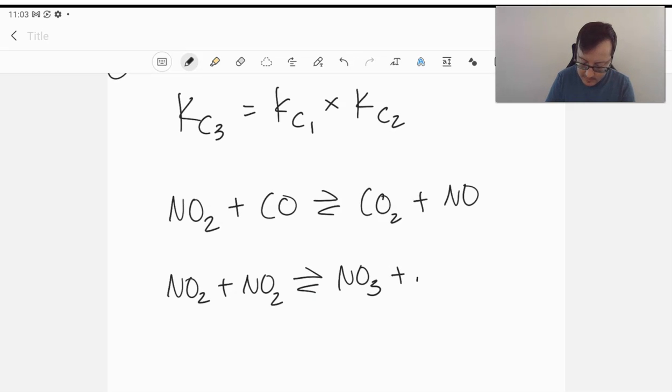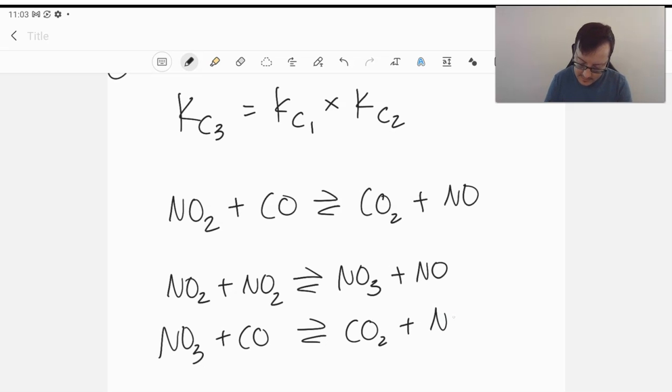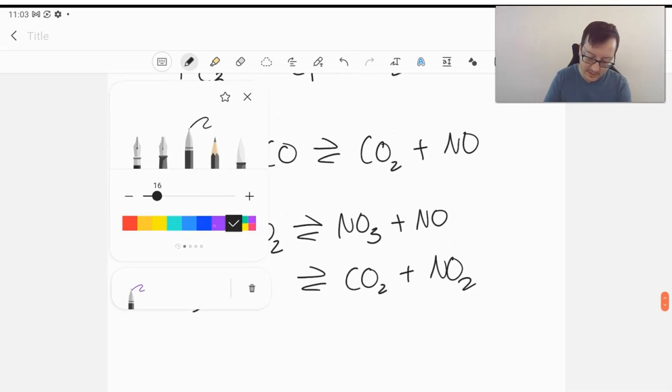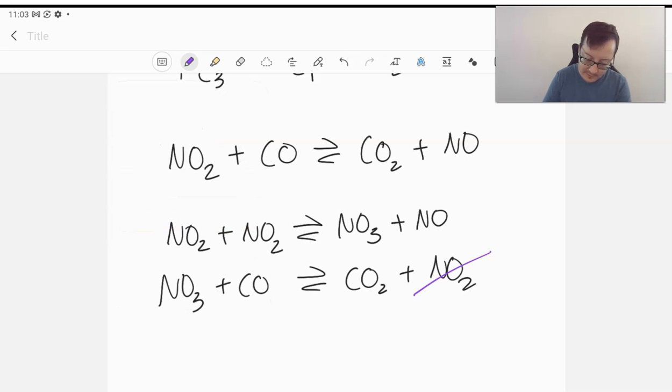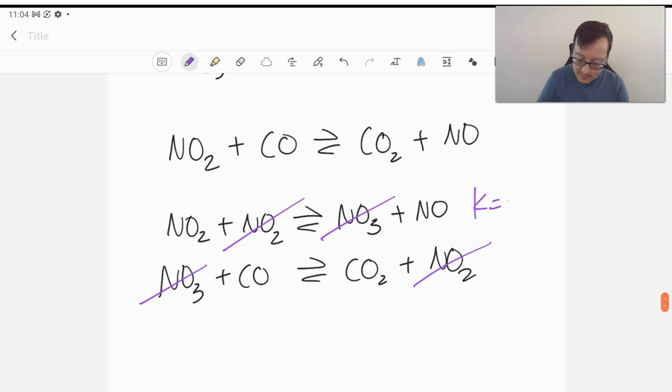NO3 plus NO, and then we had NO3 plus CO turns into CO2 plus NO2. Right, and so if we add these two together, we saw that these two would cancel out, as well as the NO3s. We get our overall reaction again. But suffice it to say we had K equals 0.04.